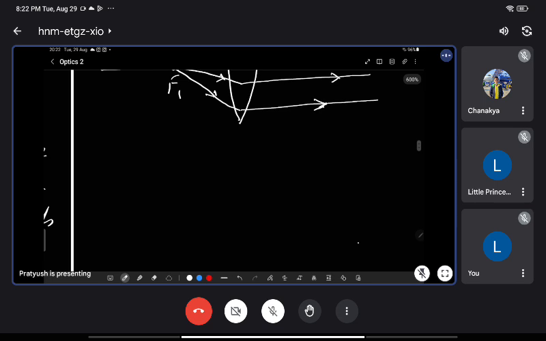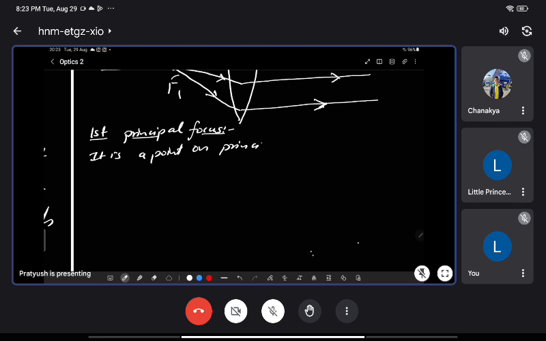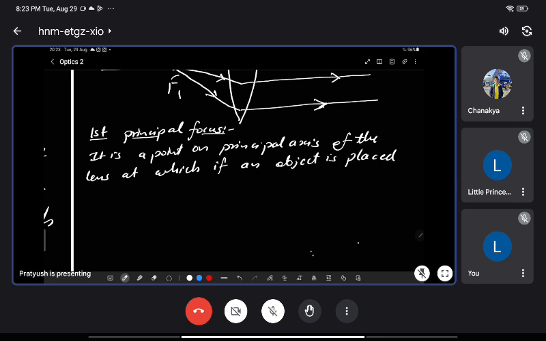First principal focus is a point on the principal axis of the lens at which if an object is placed, the image would be formed at infinity.